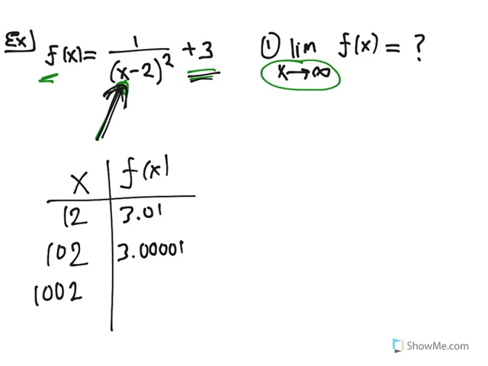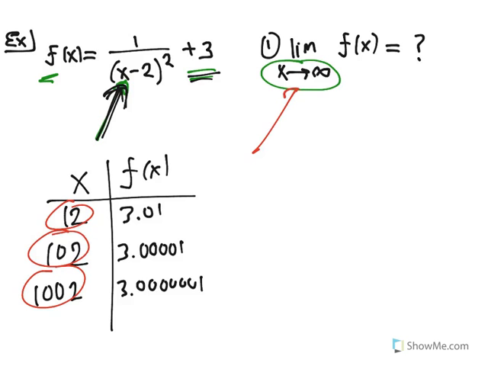A millionth plus 3 would be 3.0000001, something like that. But you can see that as the input values are getting larger and larger, as the input values go to infinity, you can see that the output values are getting closer and closer to a particular number, 3. So we say the limit at infinity for f of x is 3.